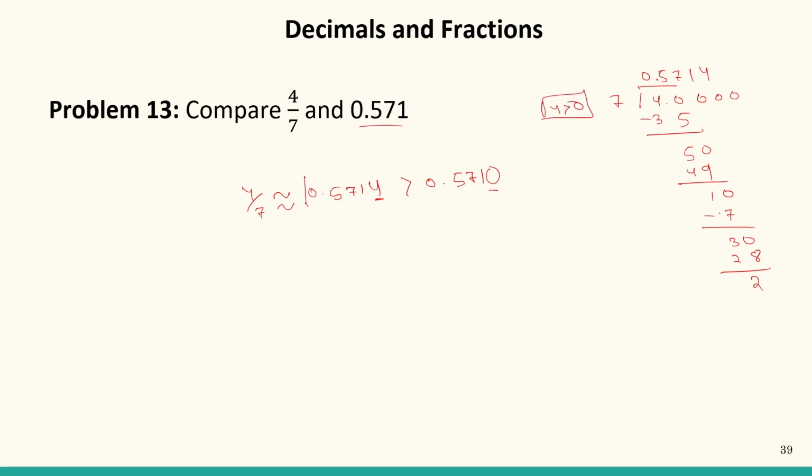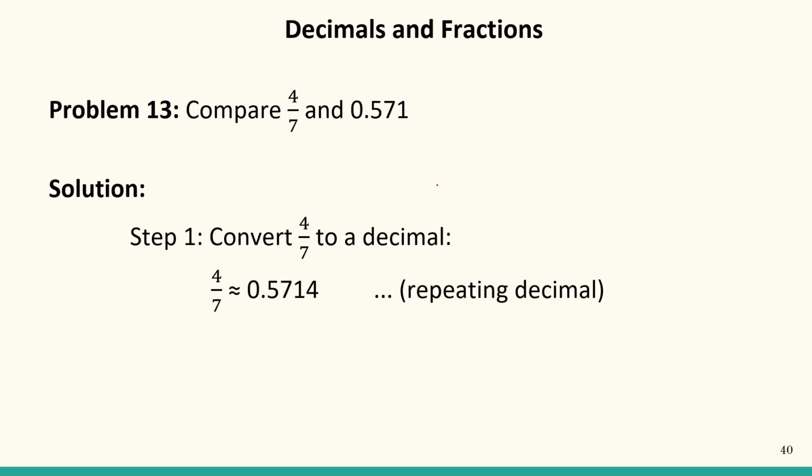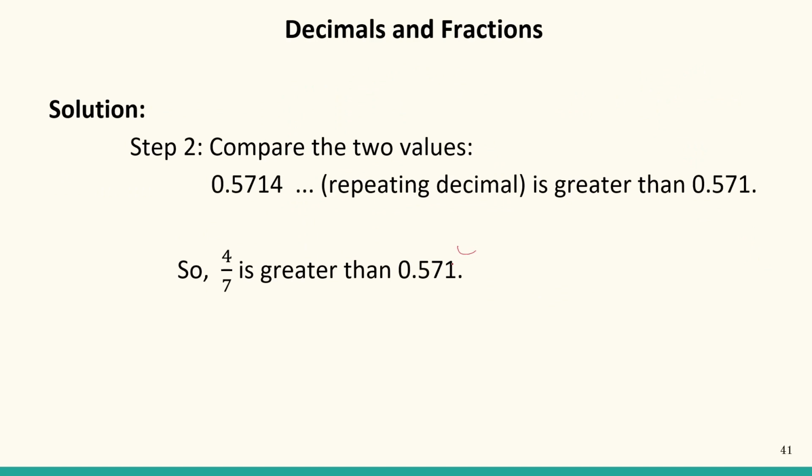That is why this inequality holds here. So the answer is something like this: 4/7 is greater than 0.571, answer. I did this and we found out that. Okay, this is the answer.